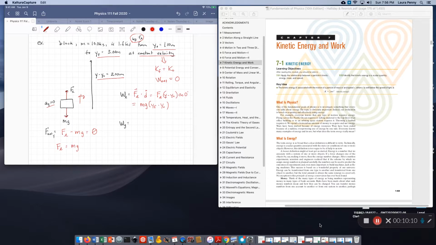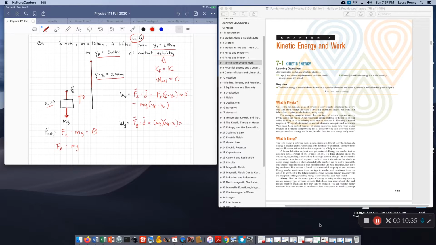If I look at the gravitational work strictly from the actual definition, I'm going to have F sub g, which is mg, and I'm going to have y final minus y initial. That's my displacement. But here, gravity is down and displacement is straight up.